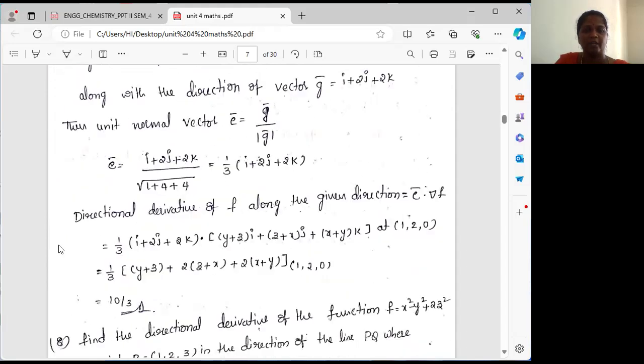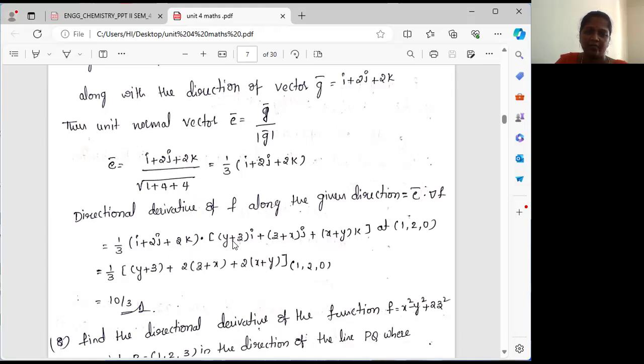Therefore, the directional derivative of f along the given direction is e dot del f, at the point (1, 2, 0). Here i dot i is 1, and i dot j and i dot k are 0, so we are multiplying only the same vector terms.